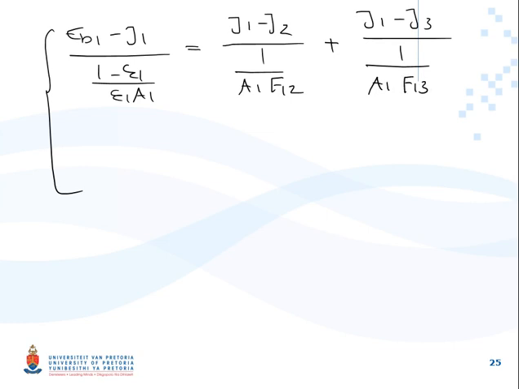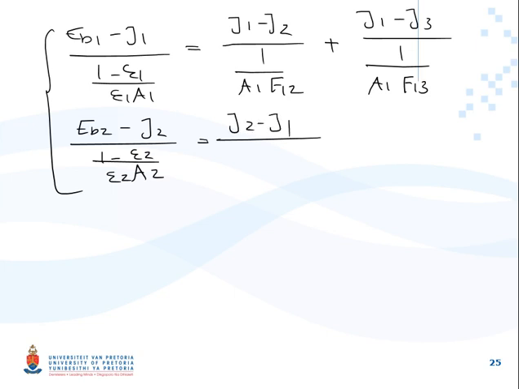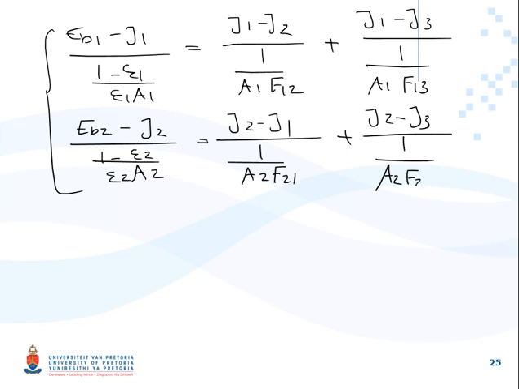The second equation is EB2 minus J2, 1 minus epsilon 2, A2 is equal to J2 minus J1, 1 divided by A2 F21 plus J2 minus J3, 1 divided by A2 F23.